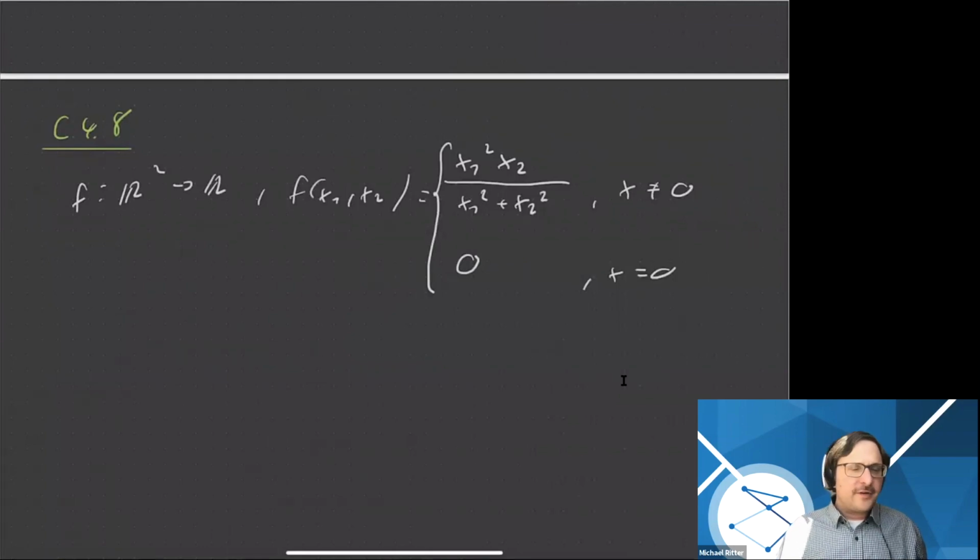Okay, and the whole point of this problem is basically to establish the fact that there are functions that are not differentiable at a certain point, although the partial derivatives may exist. And that usually boils down to showing that one of the partial derivatives is not continuous at the point in question.